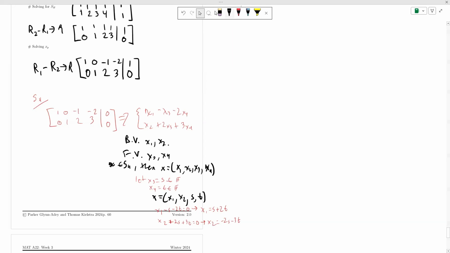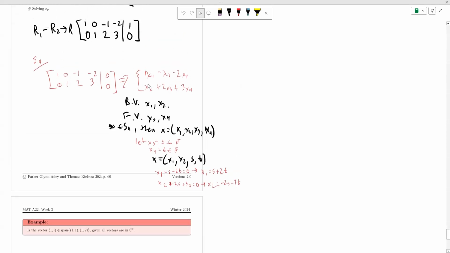So this tells me that x equals s plus 2t, minus 2s minus 3t, s, t. And remember, we're now going to expand this. So it's s, minus 2s, s, 0, plus 2t, minus 3t, 0, t.